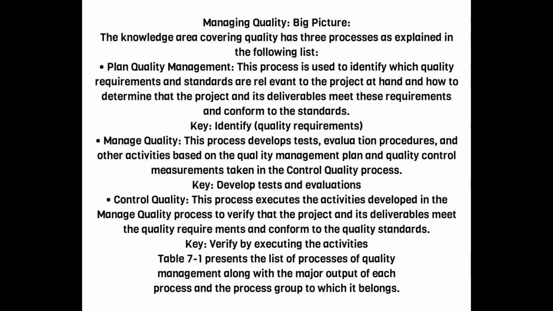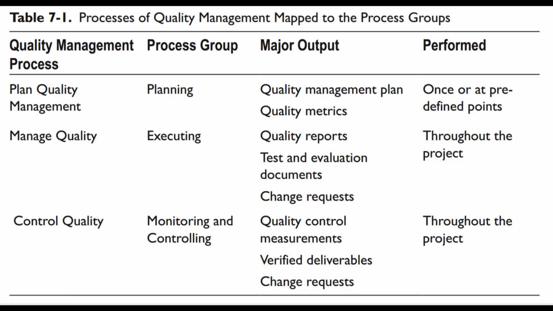This process executes the activities developed in the manage quality process to verify that the project and its deliverables meet the quality requirements and conform to the quality standards. Key: verify by executing the activities. Table 7.1 presents the list of processes of quality management along with the major output of each process and the process group to which it belongs.